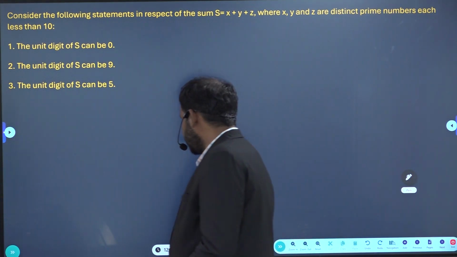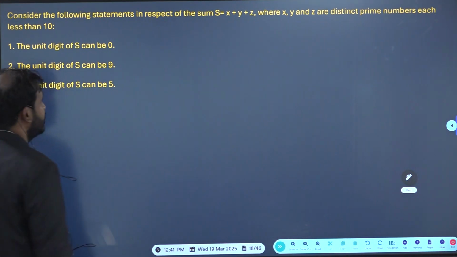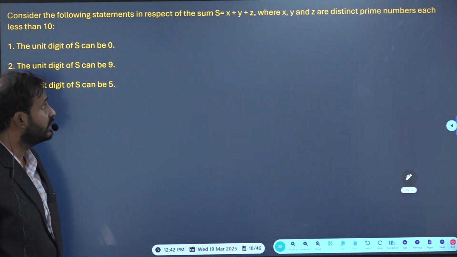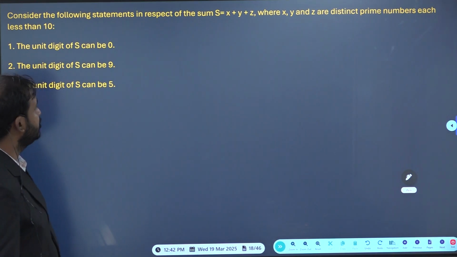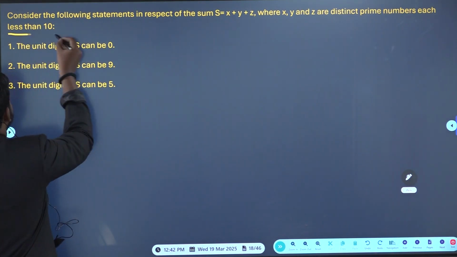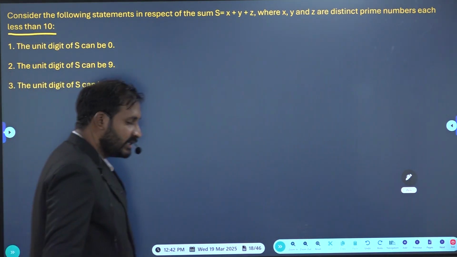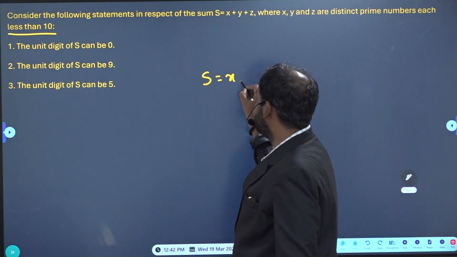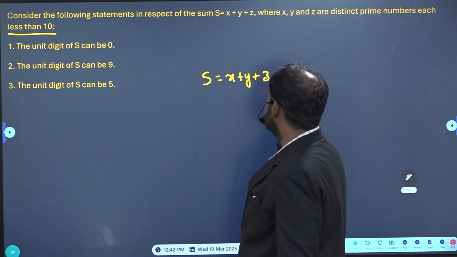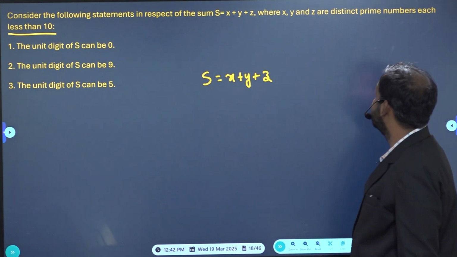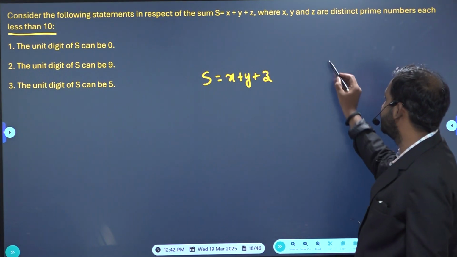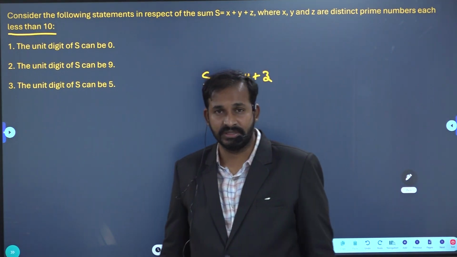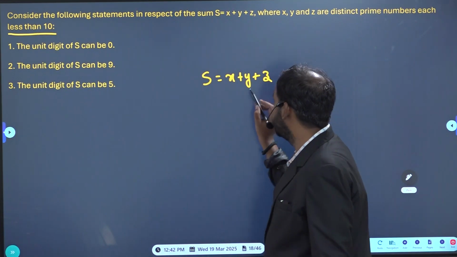Now see here. Consider the following statements with respect to the sum s = x + y + z, where x, y and z are distinct prime numbers, each less than 10. So first of all, please decide the group of numbers which we can put in place of x, y and z.